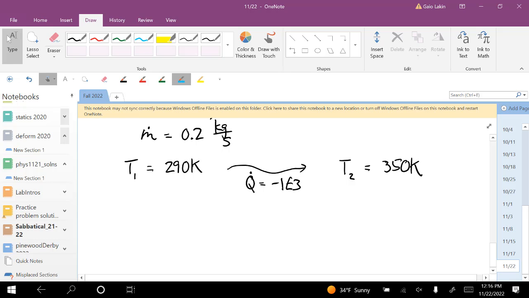And we're going to ignore kinetic energy and potential energy effects, and we want to calculate the power output.